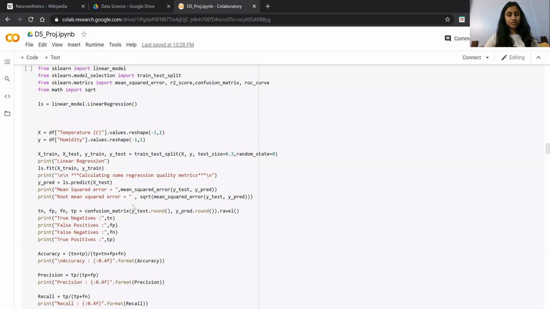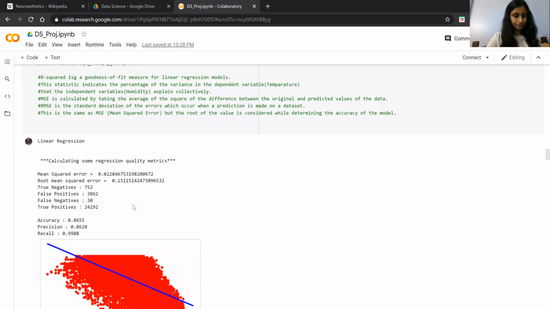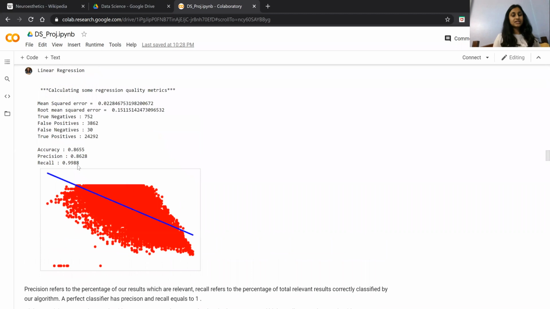Sorry, I forgot to mention the two parameters used to plot the linear regression model: temperature and humidity. The accuracy we have achieved is 0.8655, being 86.5%, precision being 86%, and recall being 99%.